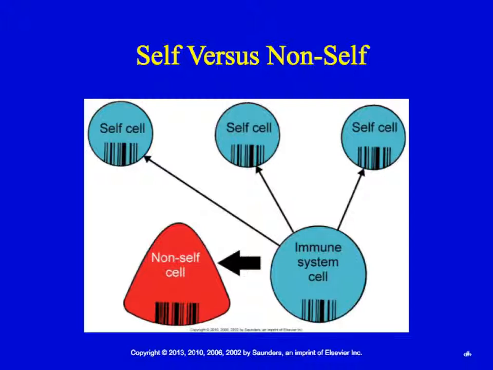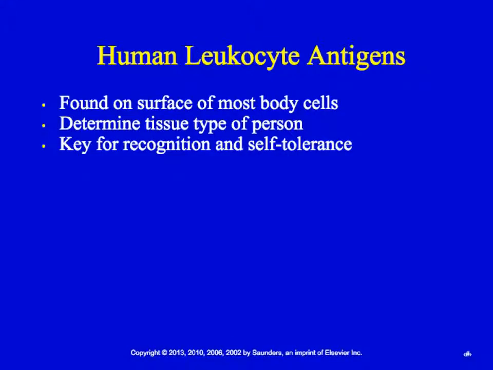The non-self will not be able to open the door because it doesn't have the correct barcode. The cells that are identified as non-self are known as antigens. Antigens are proteins capable of stimulating an immune response.